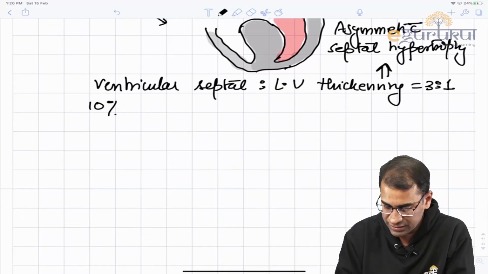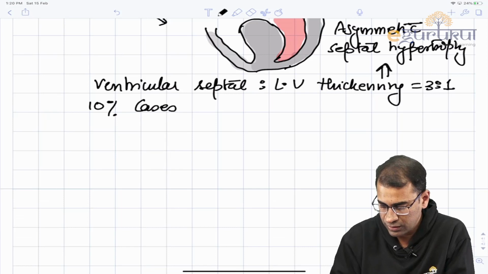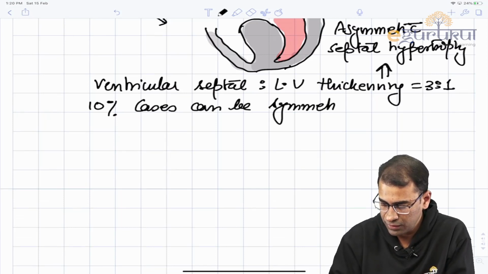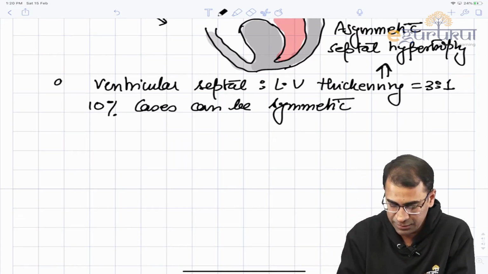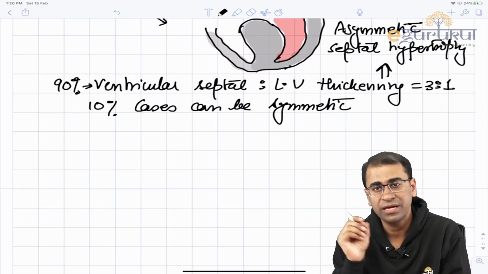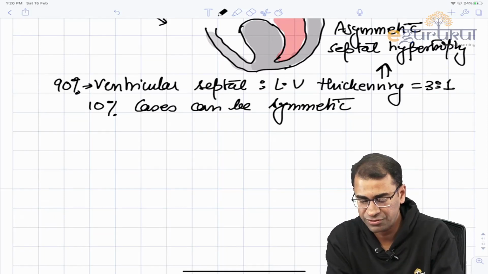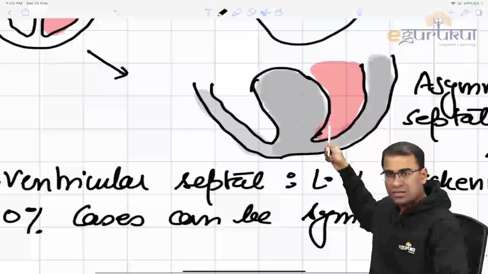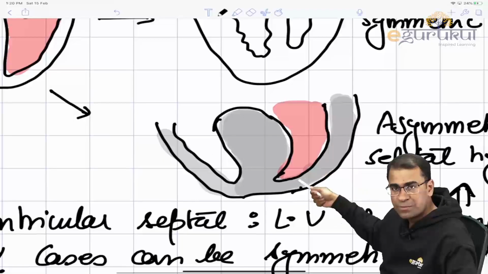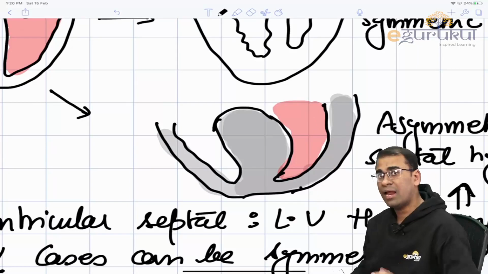Well, 10% of cases can be symmetric, but the majority of the cases, that is 90%, show asymmetrical hypertrophy. And if you see this configuration, this typical area is looking like a banana.